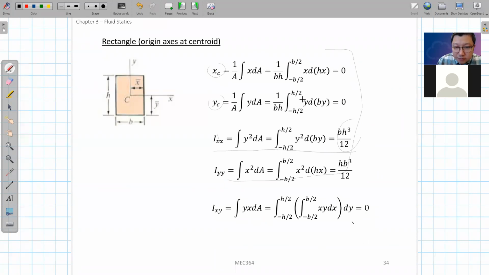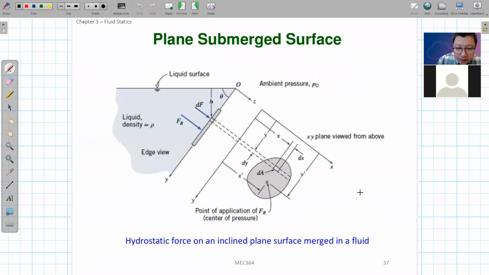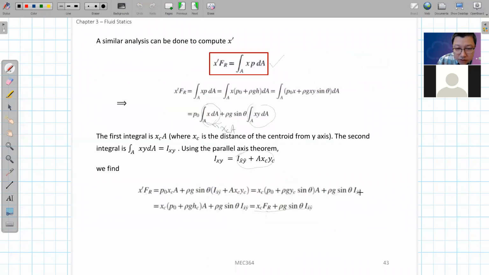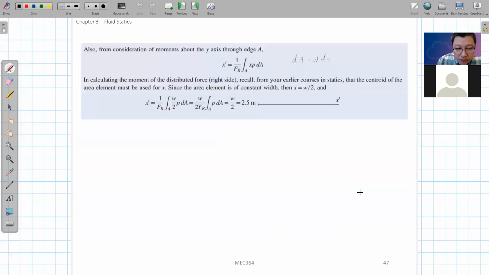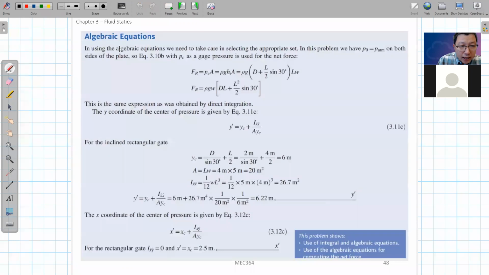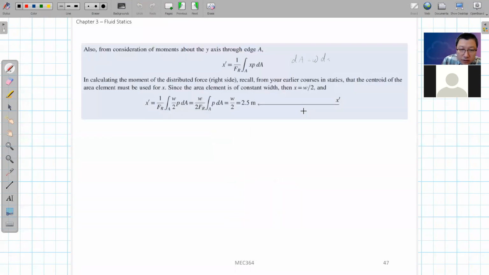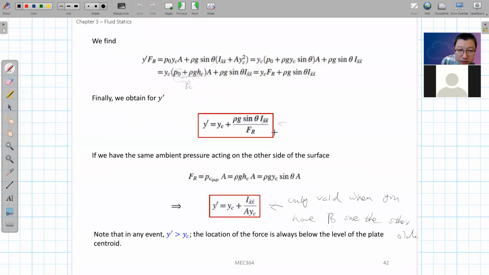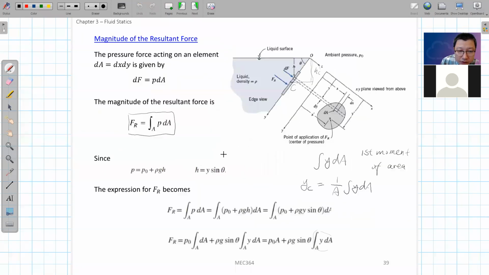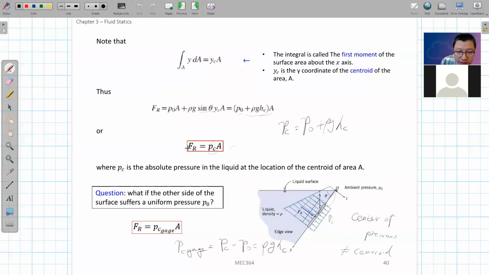Xc will be 0, Yc will be 0 if this is on the center of this application point, and Ix, Ixy, if it is on the center, we know this value here, and even for Ixy, we know it's 0. Okay, and so there is also the second way to solve this problem, which is using this algebraic equation here. For the F_R, the magnitude of the pressure force, now we try to not start from this equation. Now we try to start from this equation.